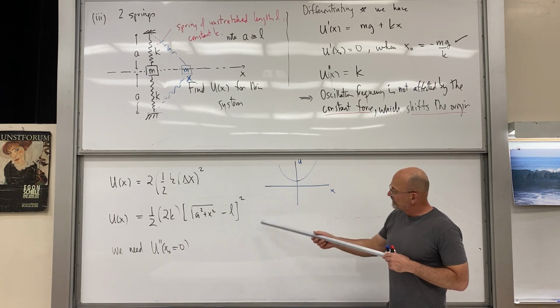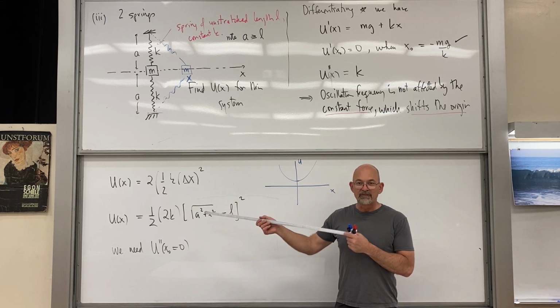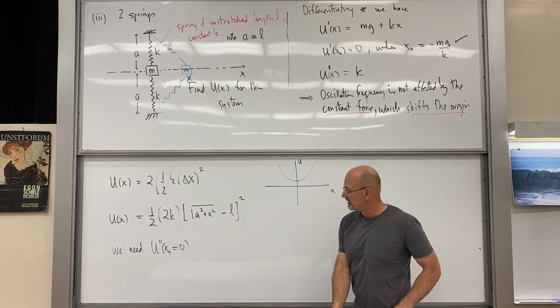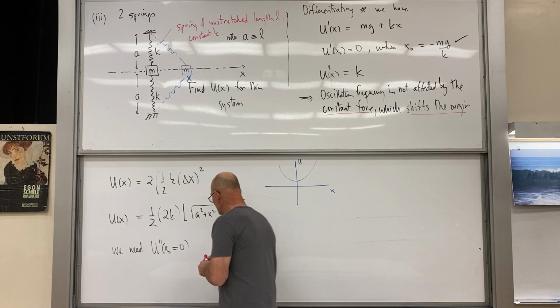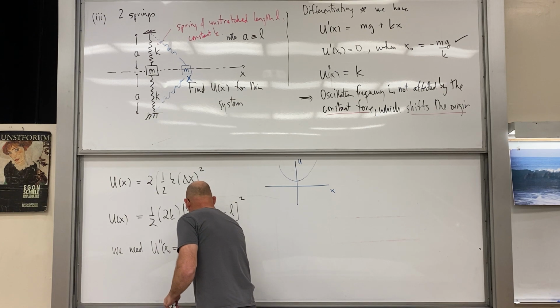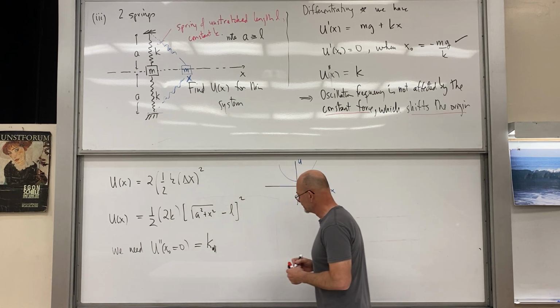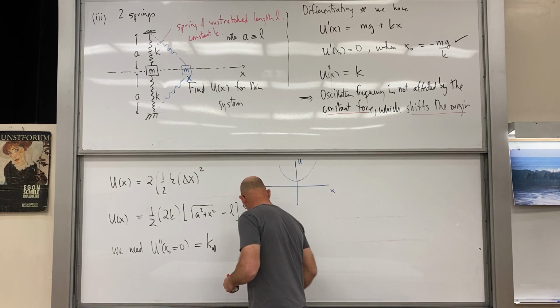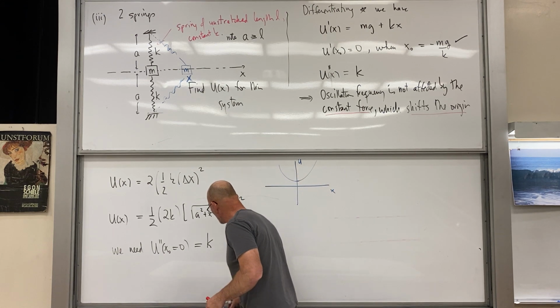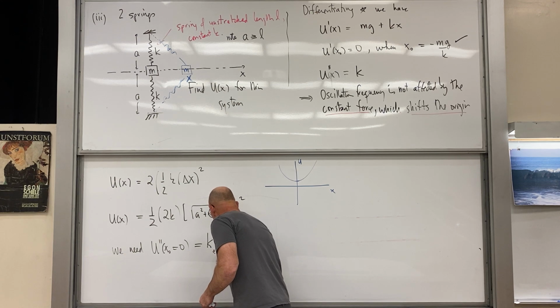So what you're going to do is take two derivatives, and that'll be your effective k, the effective spring constant of this thing here. Effective k, okay.